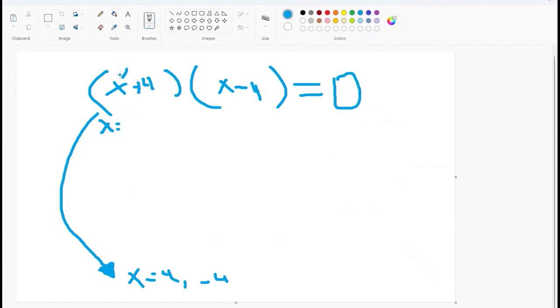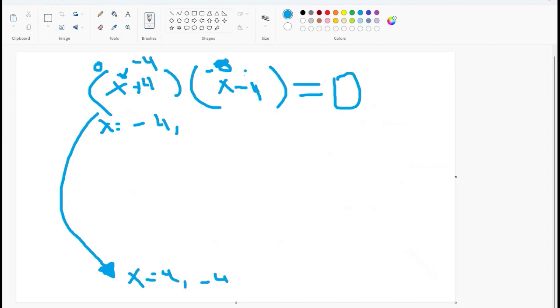If I make x -4, then -4 plus 4 is equal to 0, right? And anything times 0 is 0. So even though -4 here would make this -8, this is 0, so 0 times -8 is still 0. So that's true. So one value of x is -4.